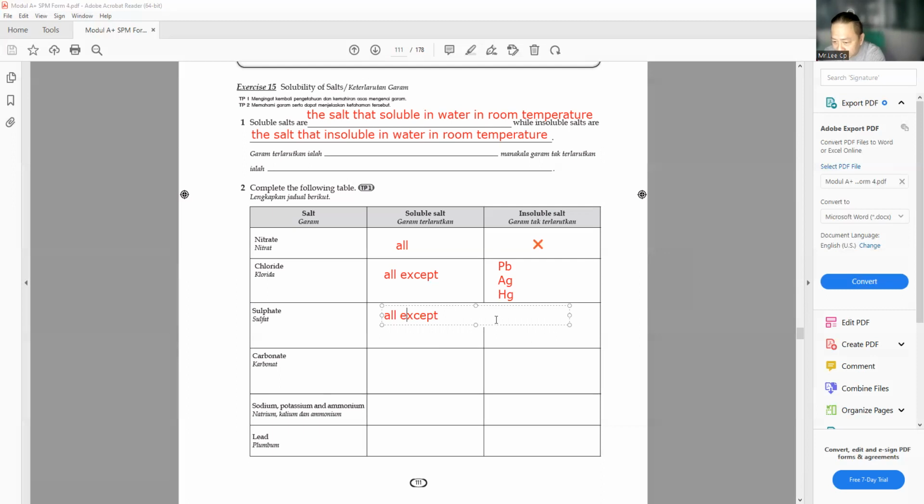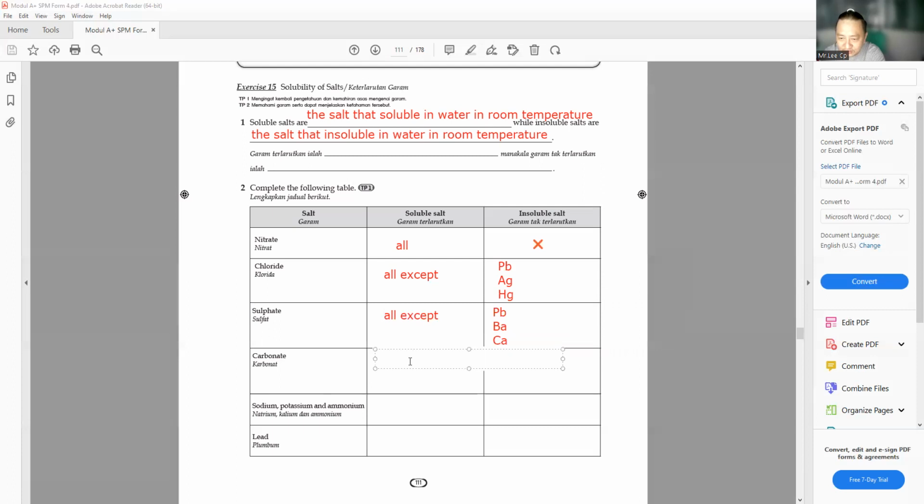Okay, all soluble except this one is P, B, and C. PB is that B is BA. C is CA. Right, calcium.